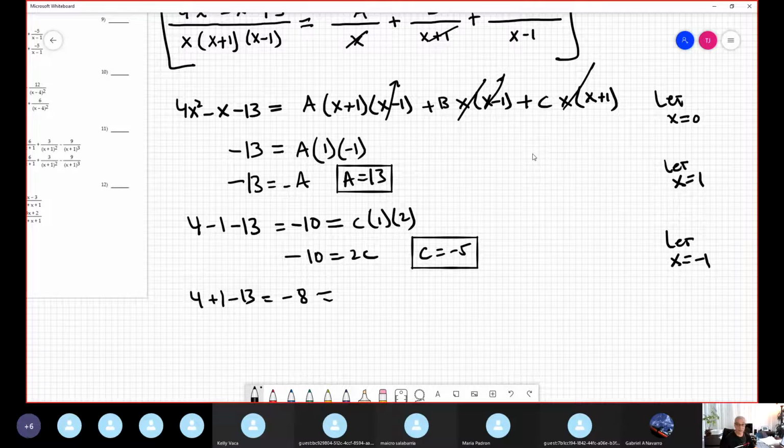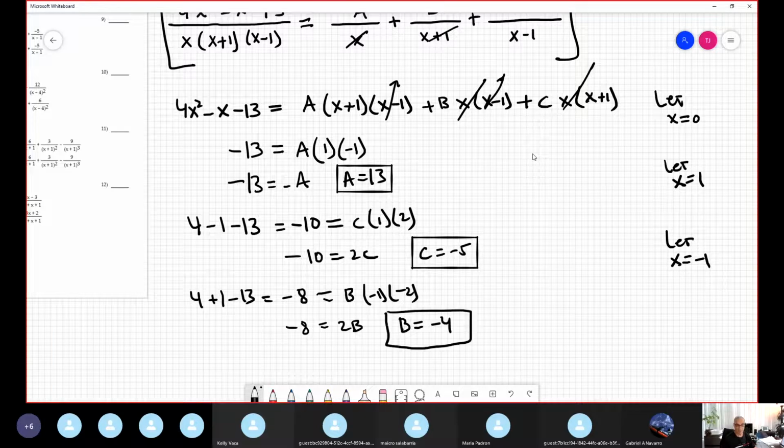In the right hand side, we have B. The only one that can stay alive is B. B times negative 1 minus 1, because negative 1 and negative 1 together is negative 2. Entonces we have negative 8 equals negative 2B. Because negative times negative is positive. Therefore, divided by 2, B is negative 4. B is negative 4.